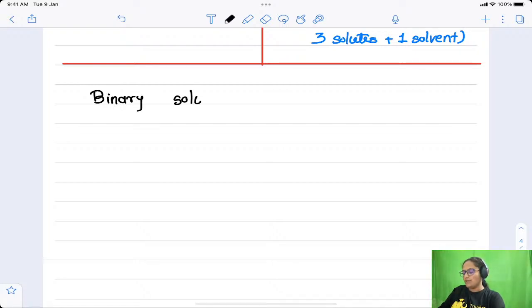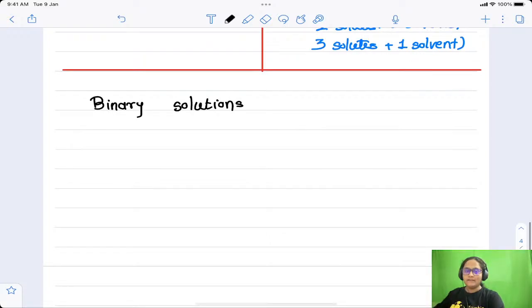Two components, one solute and another solvent, right? Binary solution. Now in these binary solutions, how can you find out the number of particles present in the solution? Just take an example of the solution of sugar in water.